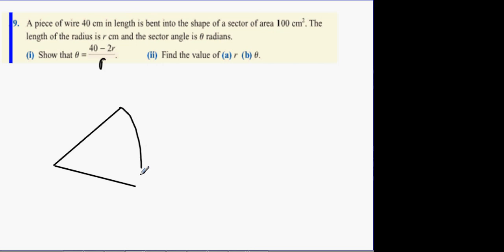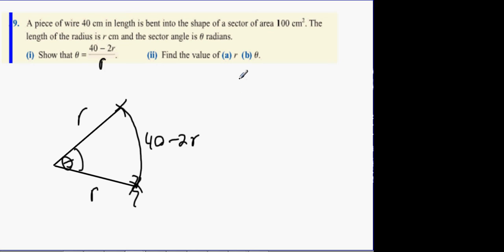Now, you know that when this wire is broken and unravelled into a straight line, it has to be 40 centimeters in length. Here's the radius, here's the other radius. How much do we have left for this section here? 40 minus the distance of the two radiuses, which is 40 minus 2r.